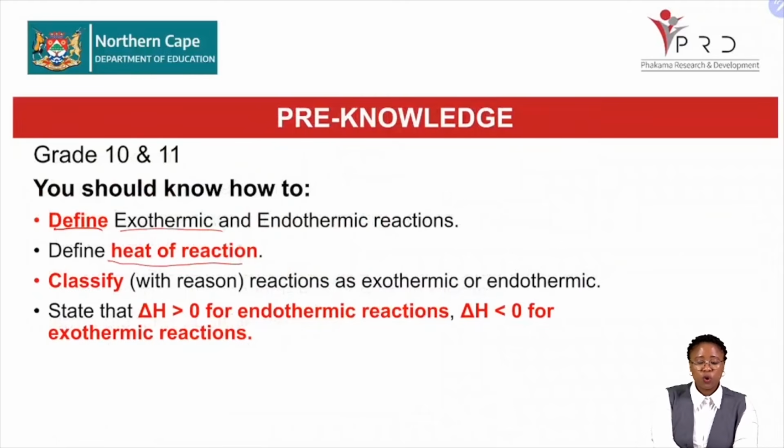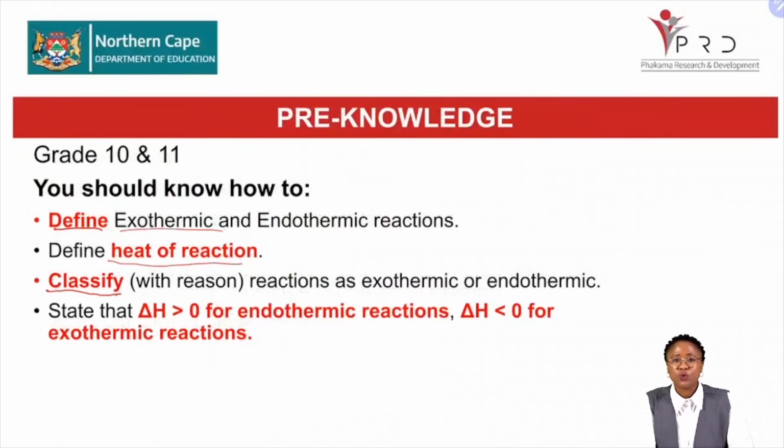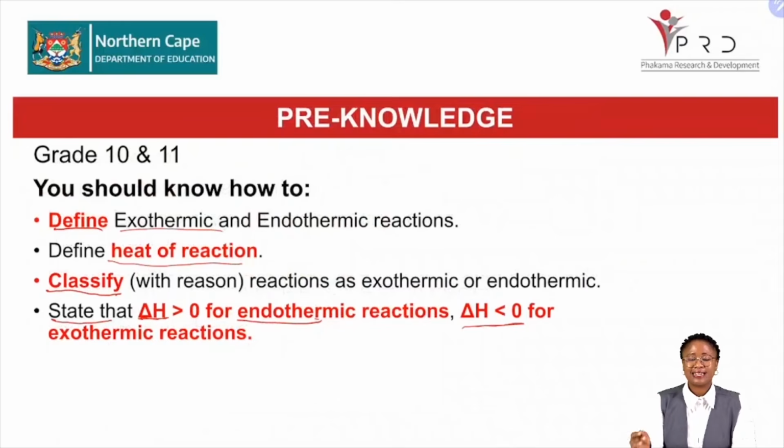You should also know how to define the heat of the reaction, which is also known as change in enthalpy. You also should know by now how to classify with reasons why reactions are exothermic or endothermic. You also should state that the change in enthalpy is greater than 0, which means that it will be positive for an endothermic reaction, and the change in enthalpy will be less than 0 for an exothermic reaction.